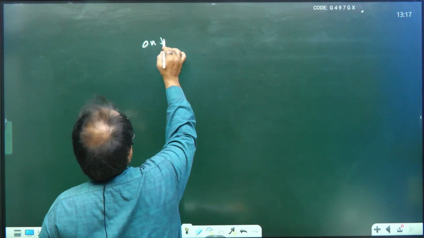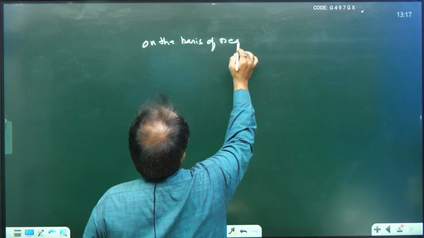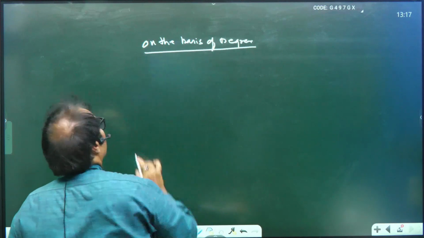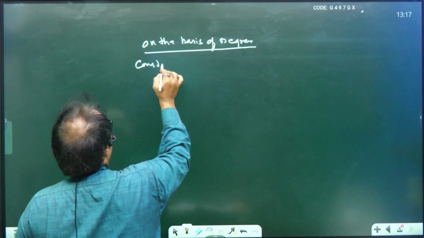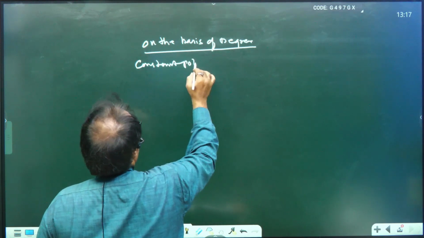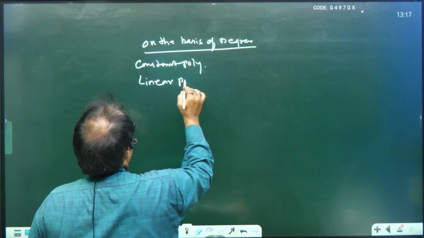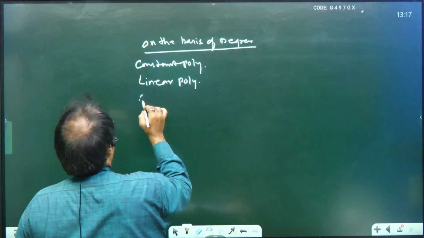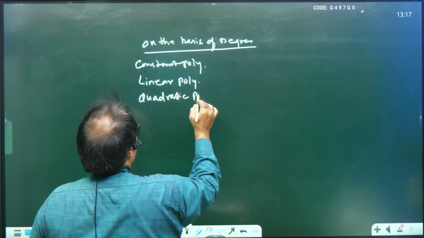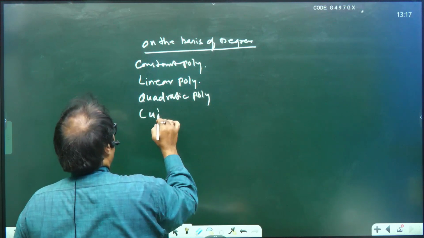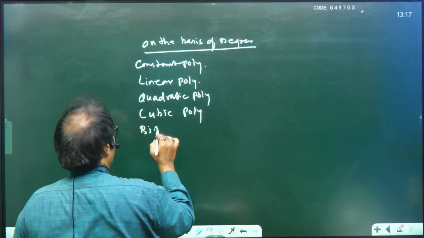Now, the second classification I am taking is on the basis of degree. On the basis of degree, there are constant polynomial, then linear polynomial, then quadratic polynomial, then cubic polynomial, then biquadratic polynomial.